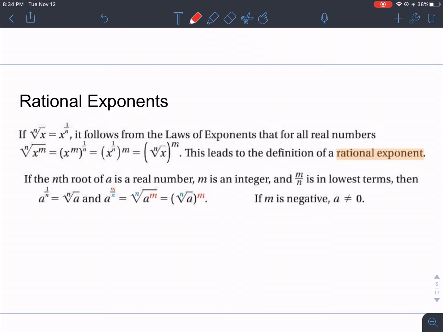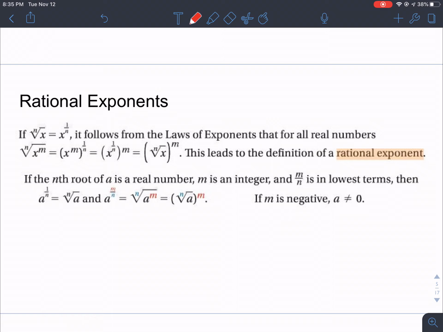All right, rational exponents. If the nth root of x is equal to x to the 1 over n, it follows from the laws of exponents that for all real numbers, the nth root of x to the m would be x to the m to the 1 over n exponent, which is the same as x to the 1 over n, all to the m. And we know that whenever we are raising a power to a power, we multiply the exponents.